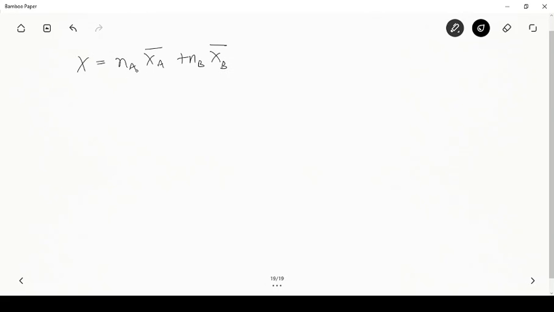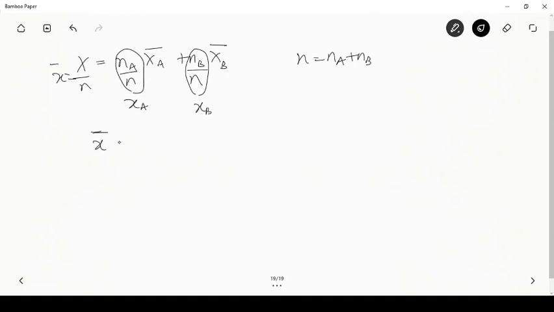If I divide this by N, where N is equal to Na plus Nb, I get Xa, the mole fraction of A, and Xb, the mole fraction of B. So I can write X bar, the specific volume of the mixture, as Xa Xa bar plus Xb Xb bar.